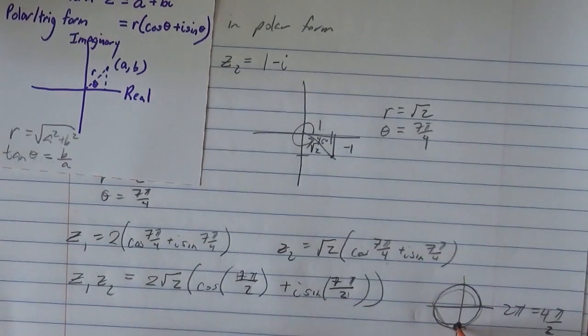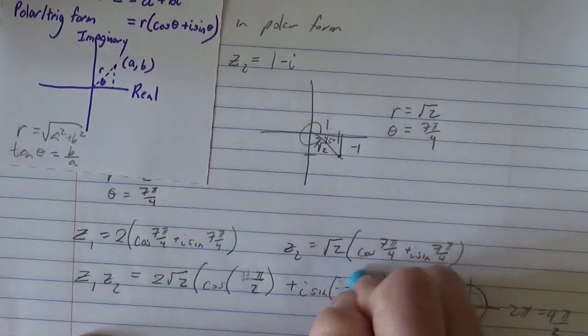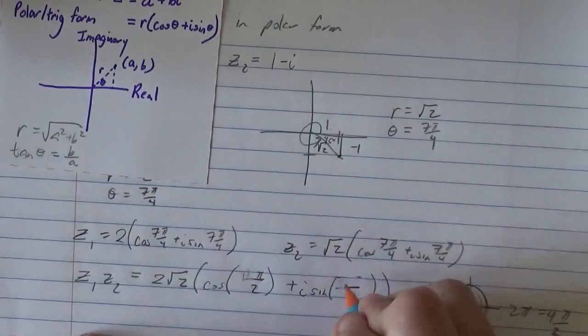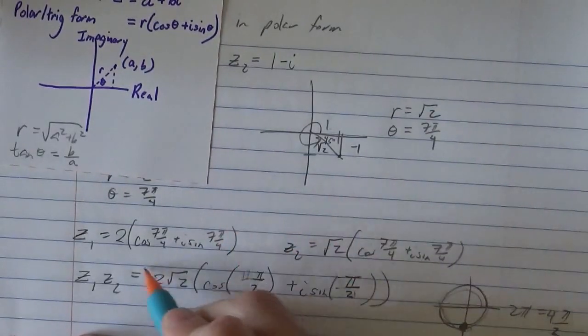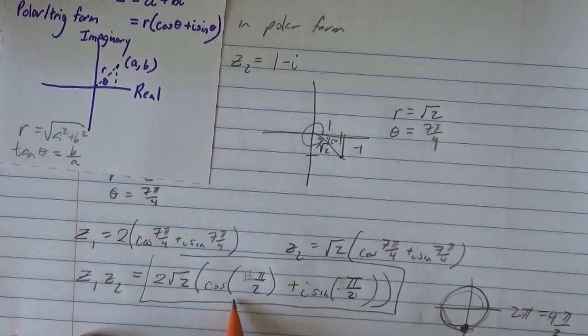So that's coterminal with just 3 pi halves. So this would be the nicest polar form answer: 2 root 2 cosine 3 pi halves plus i sine 3 pi halves. And the question asks for polar form, so this is where we would leave it.